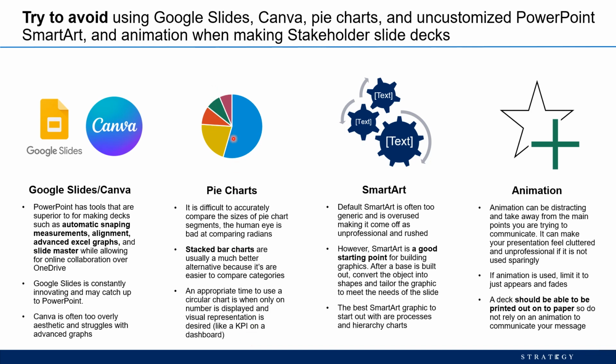Say I'm showing what percent of user increase we had last quarter. I'm showing that number right here. I might have a donut chart around it just to help represent the number, and that gives a little bit more of a graphical representation of the number. But besides that, in general, try to avoid any circular charts.